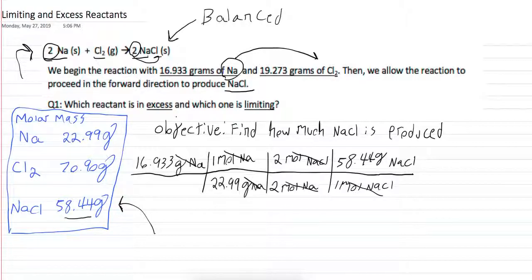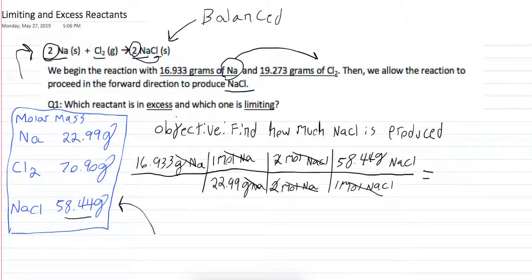And that equals, let's break out our calculator. If you look here and you're feeling clever, cancel out the 2's. 2 divided by 2 is just 1. That'll save you some time with typing. So we have 16.933 times 58.44, and that is going to be divided by 22.99.